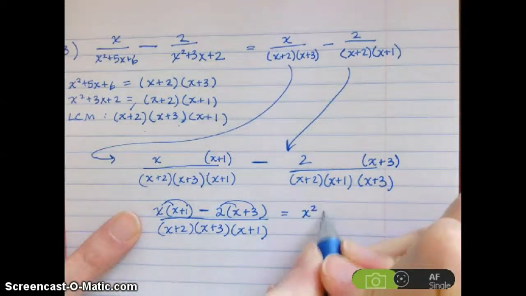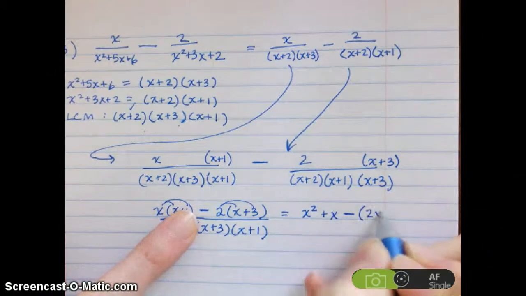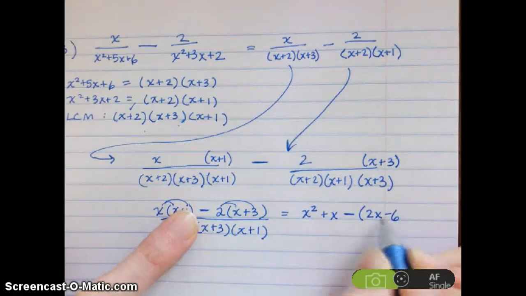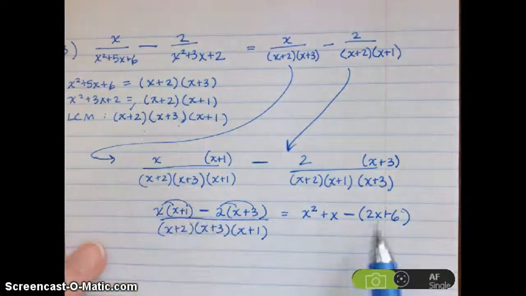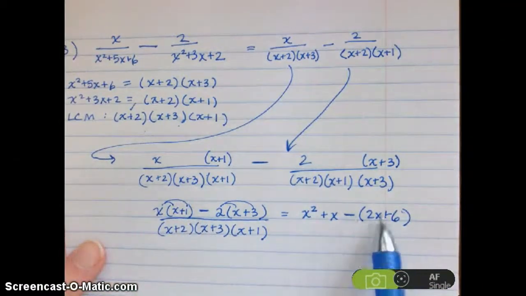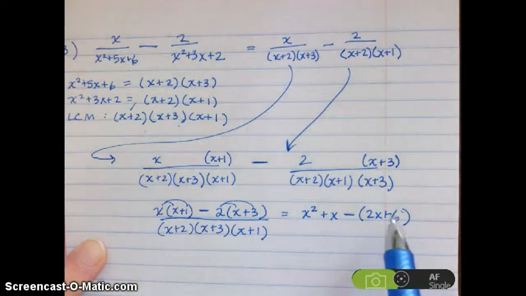X squared plus x minus 2x minus 6. This is a really big hot spot for errors, this minus sign. I need to make sure it gets distributed to all the terms I'm subtracting.